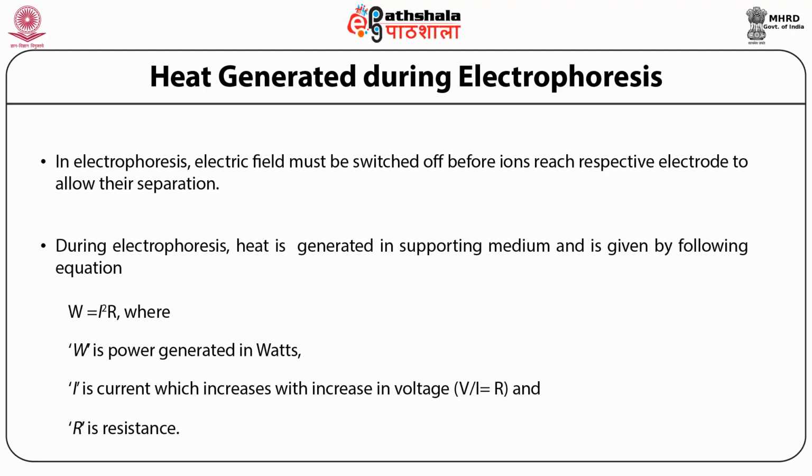It is clear that the moment we increase the current, the heat generated will increase as the square function of the current. So one should be careful not to increase the current during electrophoresis. Otherwise, all the artifacts related to heat generation will be observed in electrophoretic techniques.